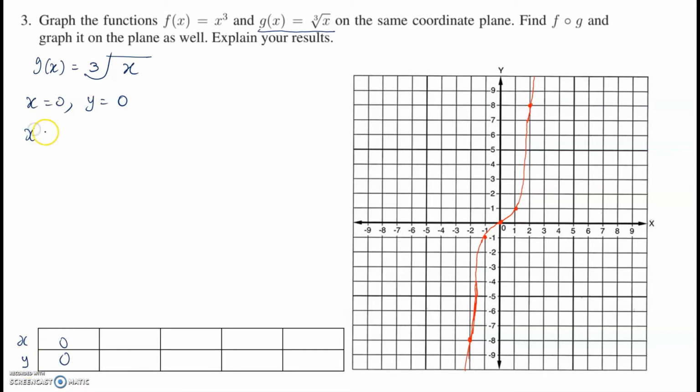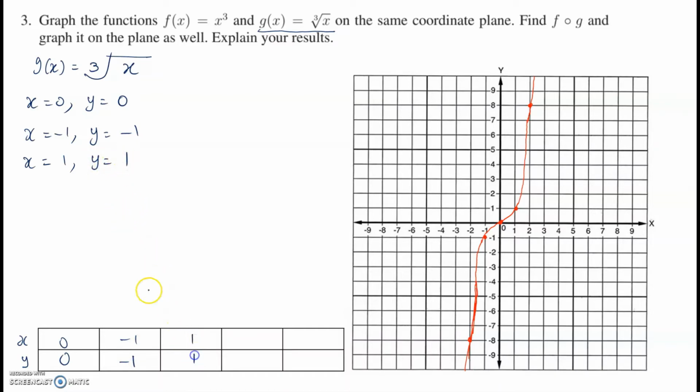Now when your x is equal to minus 1, your y, which is g of x, will also be equal to minus 1. And when your x is equal to 1, y will also be equal to 1.